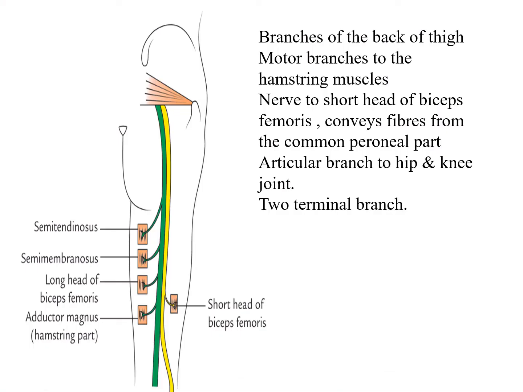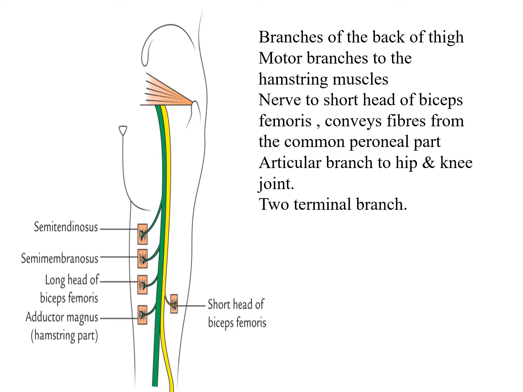Branches at the back of the thigh: motor branches to the hamstring muscles and to the short head of biceps femoris, which conveys fibers from the common peroneal part; articular branches to the hip and knee joints; and two terminal branches, the peroneal and tibial parts. The tibial part supplies the back of leg muscles, and the peroneal part further divides into the superficial and deep peroneal nerves.